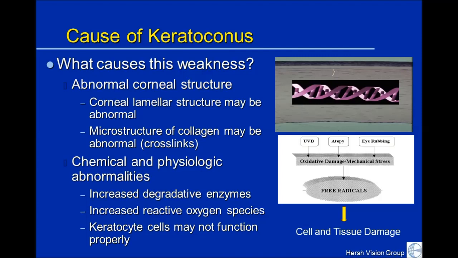The microstructure of each of the pancakes, that is the collagen struts, the fibers that make up the collagen pancakes, may be abnormal in and of themselves. So rather than being a larger macroscopic abnormality, it may be a microscopic abnormality in the collagen itself, in particular with linkages of the collagen to one another, what we call crosslinks, that we'll go into in a little bit.